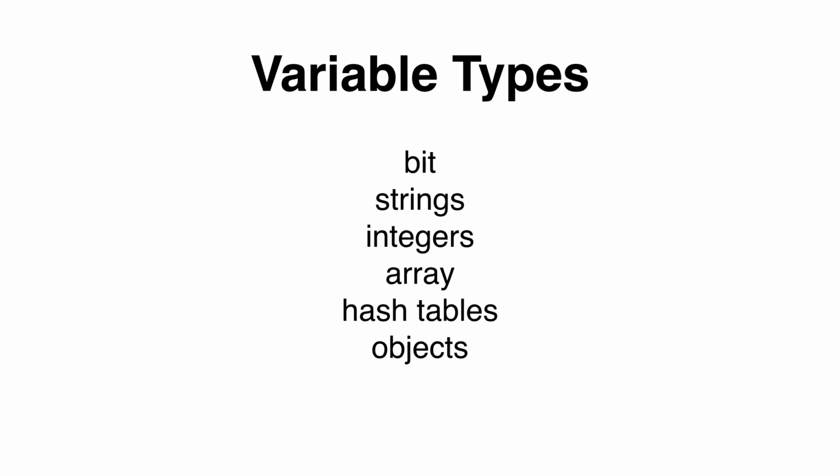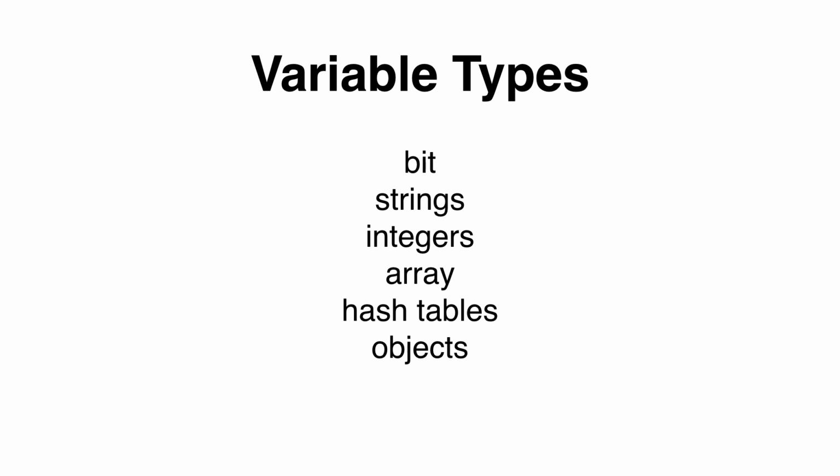In other programming languages, you have to specify what sort of variable or what sort of data type you're going to write into the variable. This is not the case in PowerShell. You can store any kind of data type into the variables. So you can store a bit, that's either a 0 or a 1, a string, that is text. You can store integers, these are numbers.